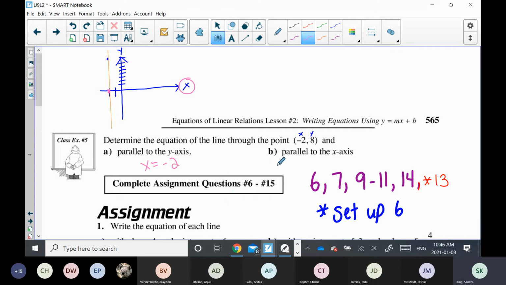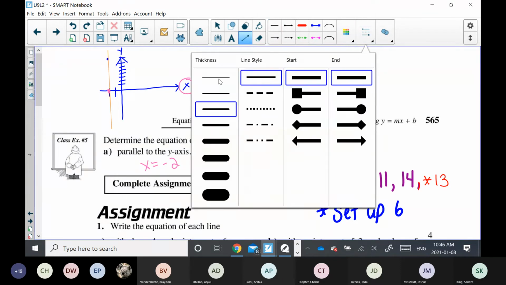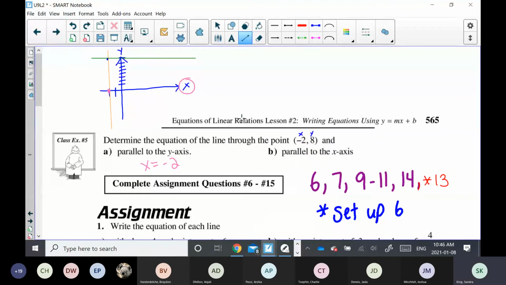For B, determine the equation of a line that passes through that same point. Now they want the line to go parallel to the x-axis. So instead of parallel to the y-axis, they want my line to go parallel, so in this direction, to the x-axis. So you take your ruler and draw a line going through your point.